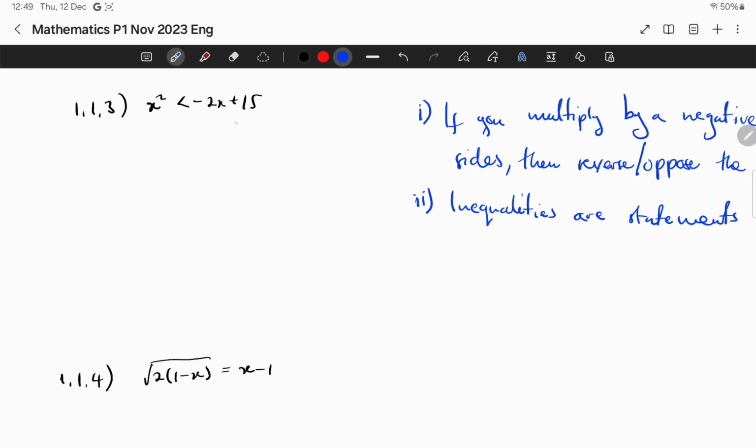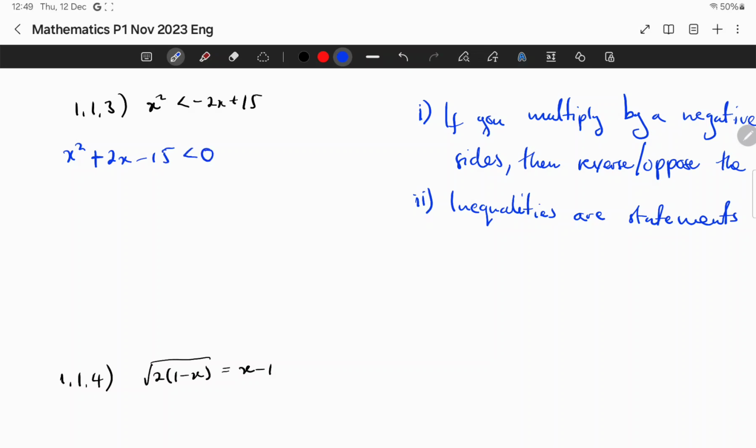For example, as we solve this, the first step is to simplify. X squared. Now let's move this to this side and this to this side. I say move, but you can also think about it as adding a positive 2x and a negative 15. So when you move, you change signs, as we did with equality signs. Minus 15 less than 0.